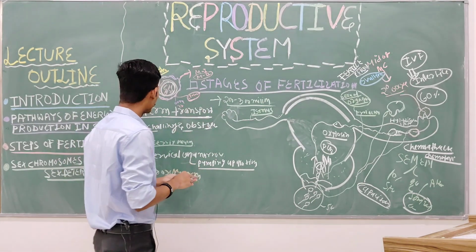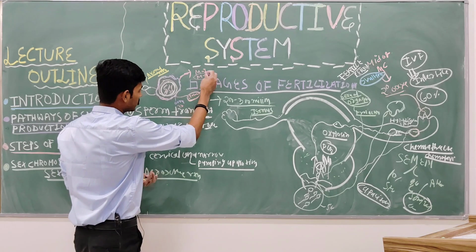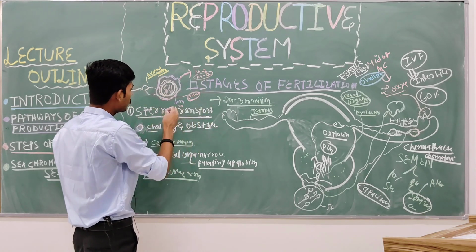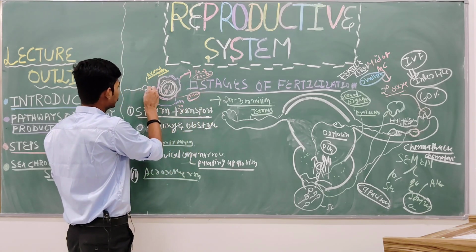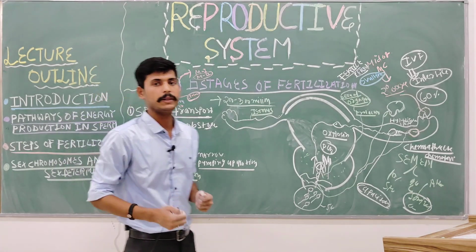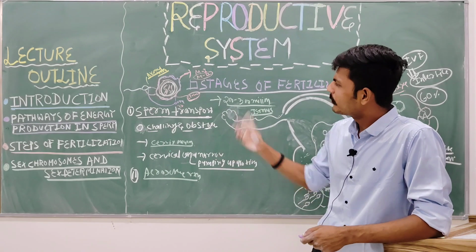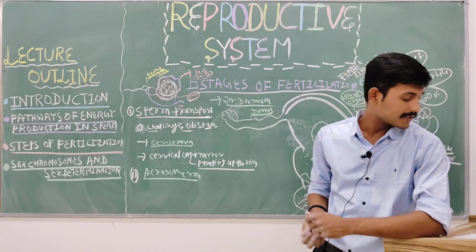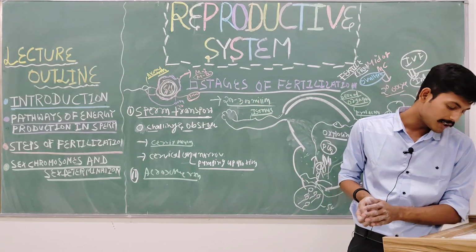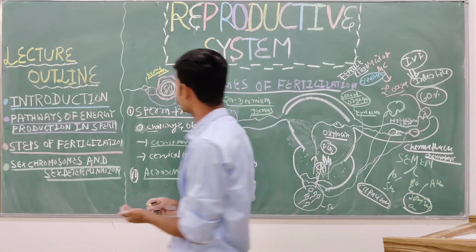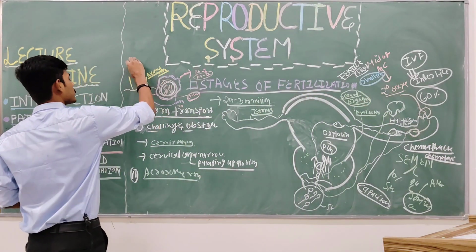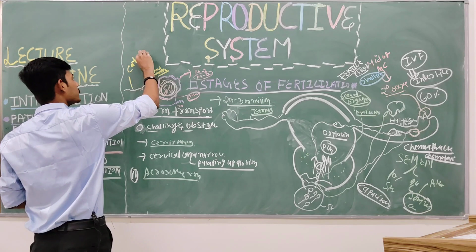It will degenerate. Now this ovum, the secondary meiosis is complete. Now the ovum and the sperm will meet, and there will be a fusion of their genetic material. Before the fusion, there is one protein called the cat spur. Their tail possesses one protein called the cat spur.